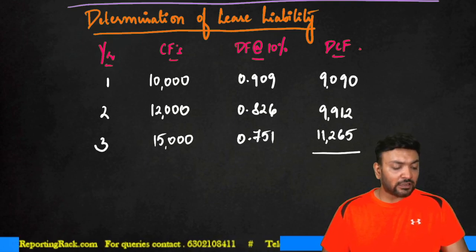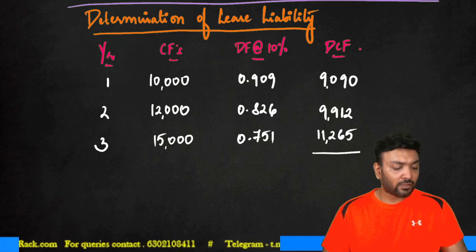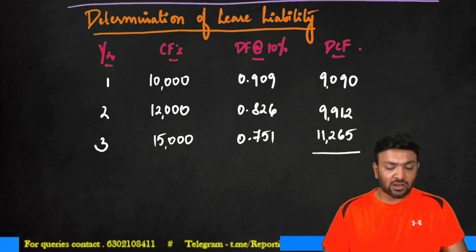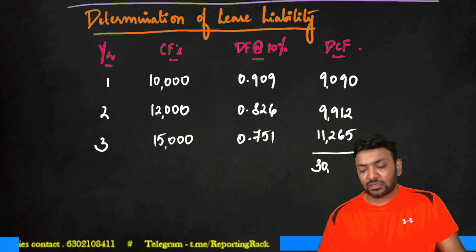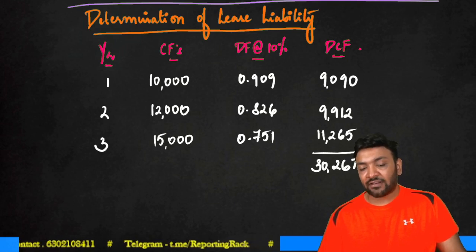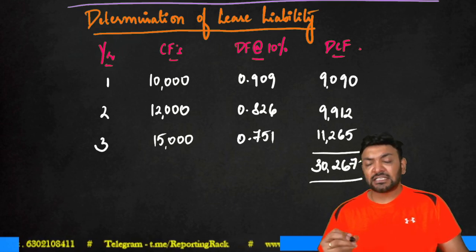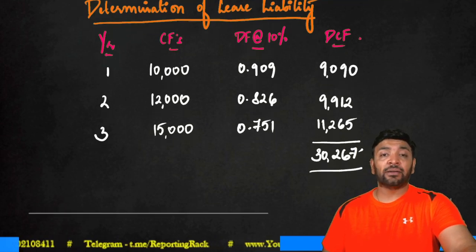A total of all these three, 9,090 plus 9,912 plus 11,265, 30,267. This is the value of my lease liability.